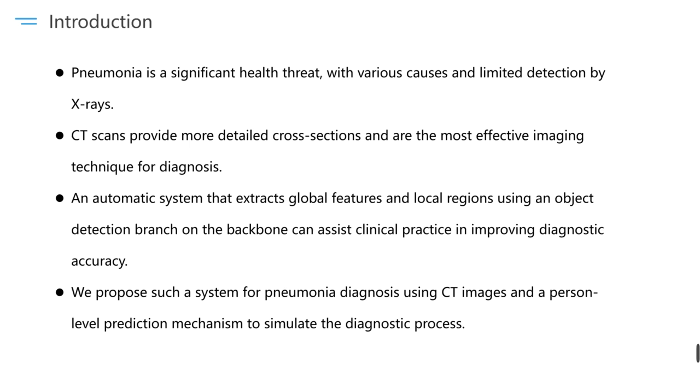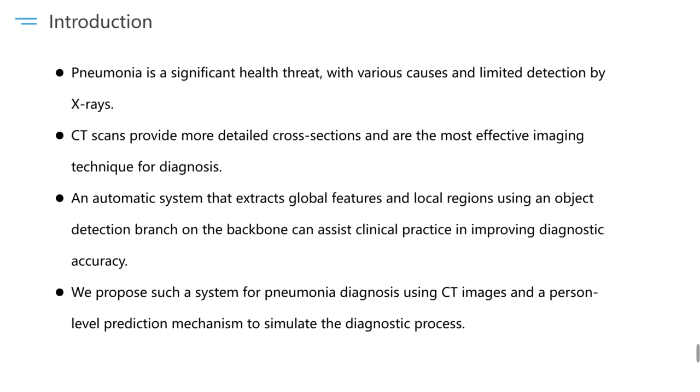An automatic system to assist clinical practice in improving diagnostic accuracy is crucial. Our study proposes a joint multi-view feature network for automatic diagnosis of pneumonia with CT images by extracting global features and finding local regions using an object detection branch on the backbone.